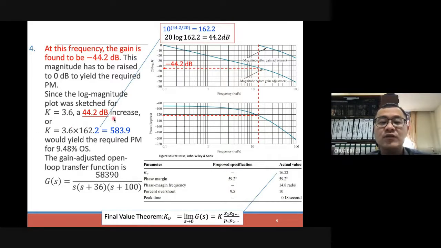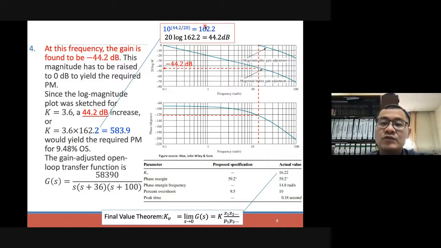How we can adjust 44.2 dB is that originally the K is 3.6, our new initial assumption to plot this line. So what we would do is calculate the corresponding gain for the 44.2 using this equation, 10 to the power of 44.2 divided by 20, because we know dB uses the log.